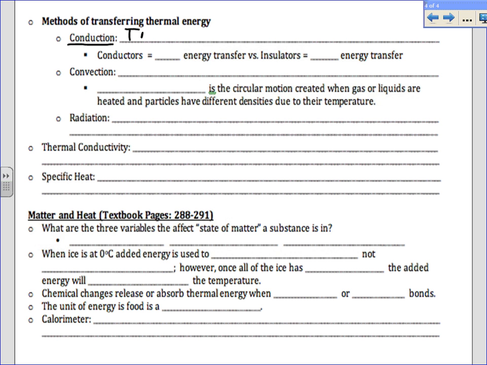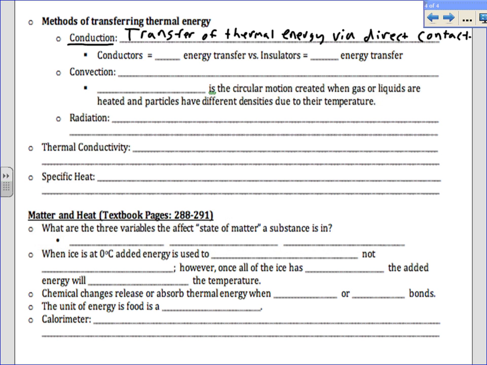And this is the transfer of thermal energy via direct contact. All right. So that's like a pot on the stove. When the pot touches the burner, that's transferring the heat through direct contact.